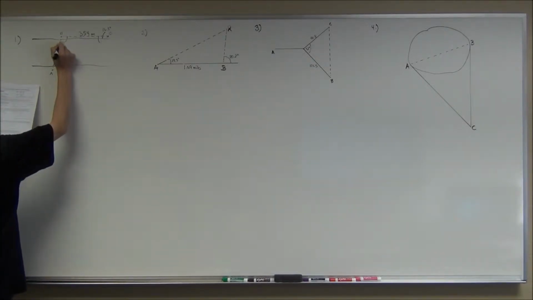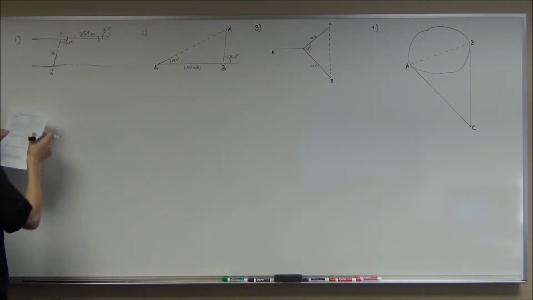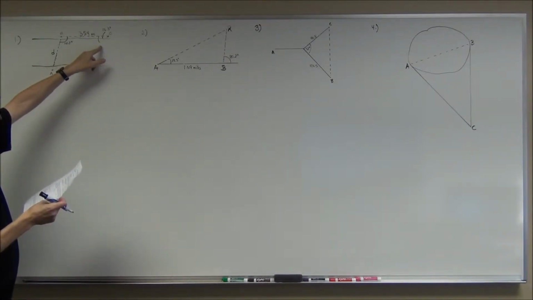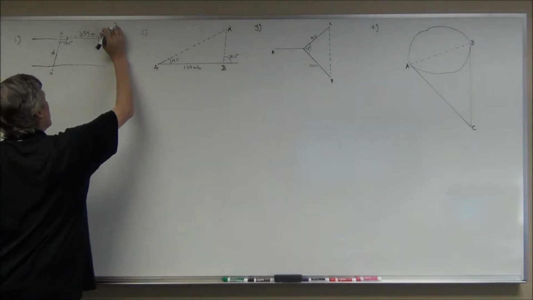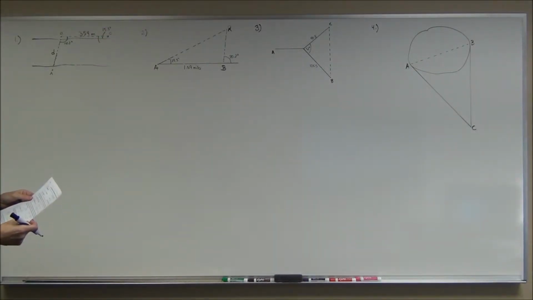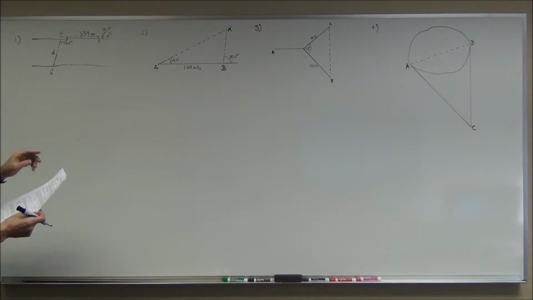Doggone it. This is important. This is 112.2 degrees, and that the measure of angle C, which I did mark, is 15.3 degrees. My eyesight's getting worse. And we are to find the distance across the river, so we're to find D.